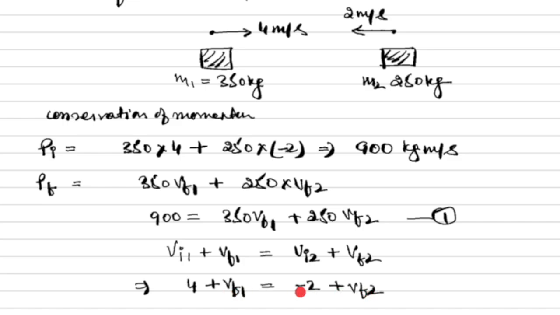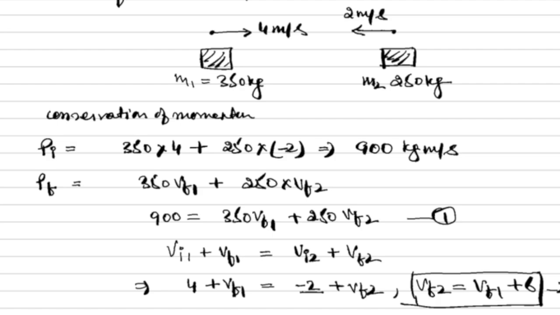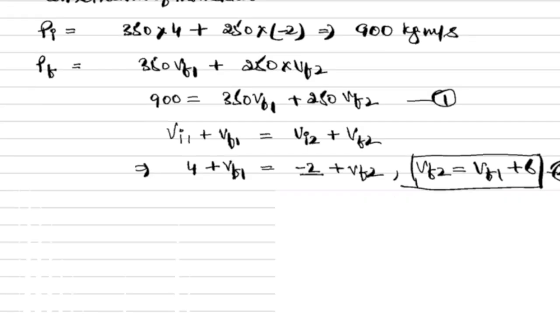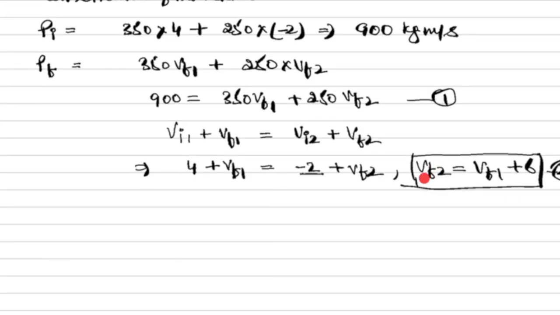We don't know the final velocities, right? So I will take this to the other side and I can say VF2 will be equal to whatever the VF1 is, just need to add 6. So this becomes my second equation. Now we just need to solve these two equations and we can put the value of VF2 here. And that's what I'm going to do.